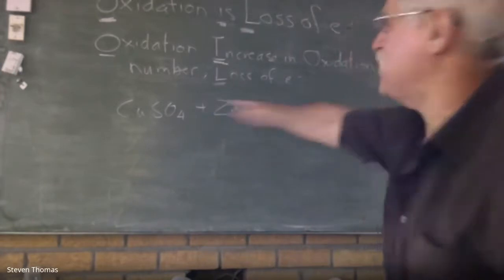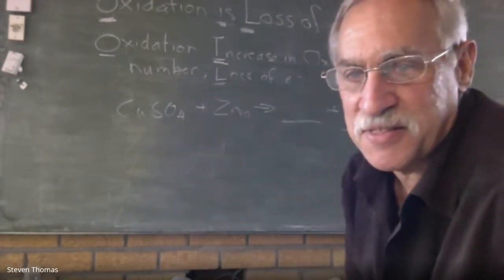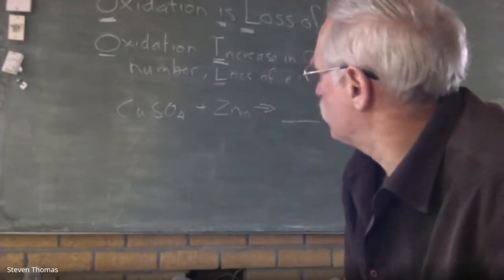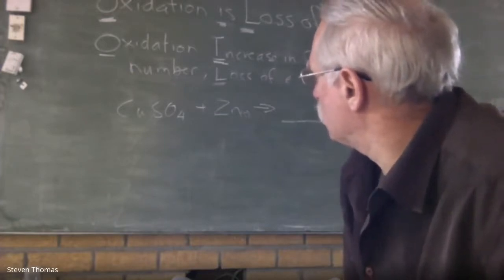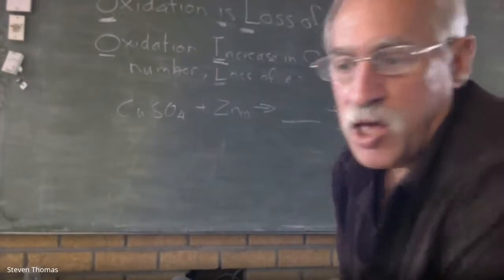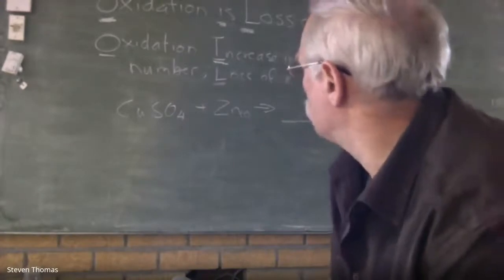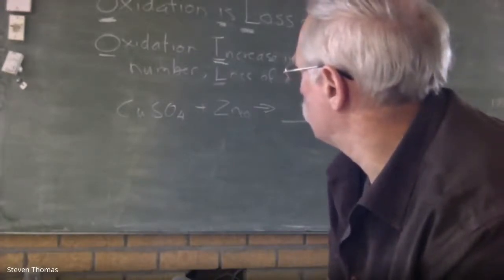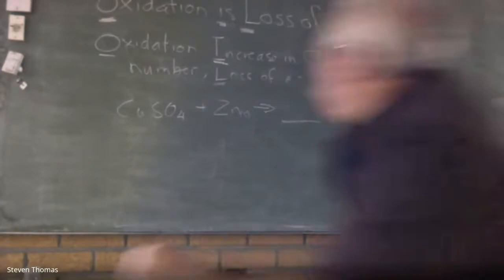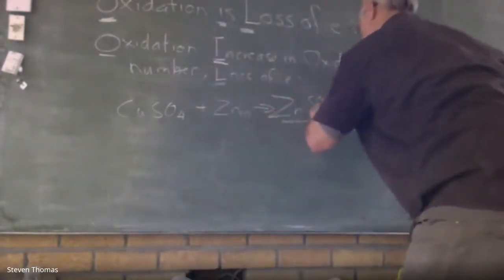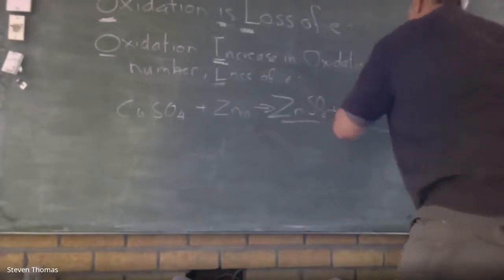Who could tell us what they think is going to happen here? But you said the zinc and copper are going to swap places. Well done. Totally correct. And what are you going to see form? And what are you going to see happen? So let's swap places. We're going to have zinc sulfate. And we're going to be left with copper metal.